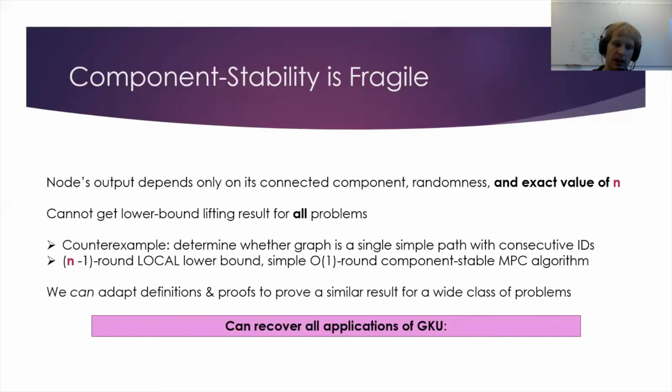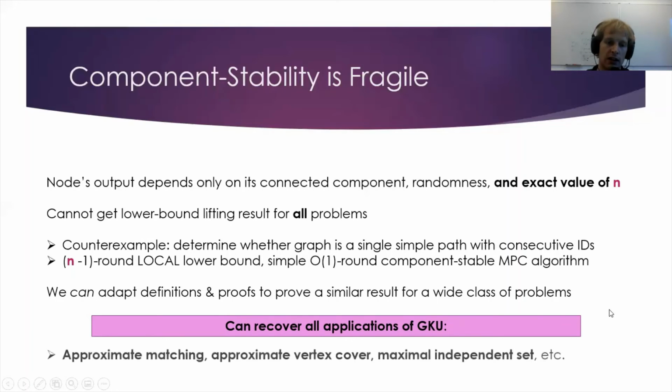And by doing so, we then recover all the applications of GKU, including these. So we show that you need to be very careful about component stability, but that you can follow the very nice reduction framework of GKU as long as you make some tweaks to the definitions and proofs.